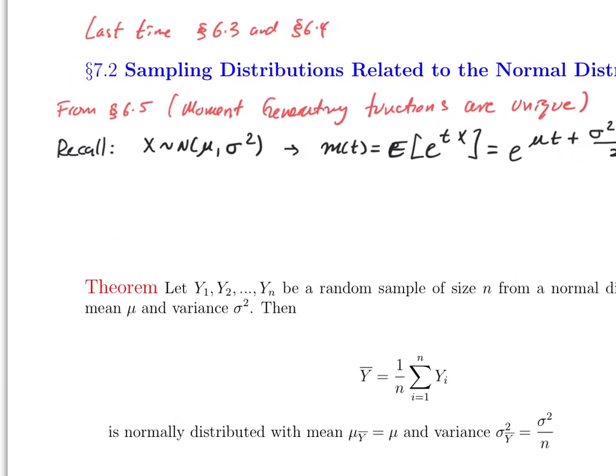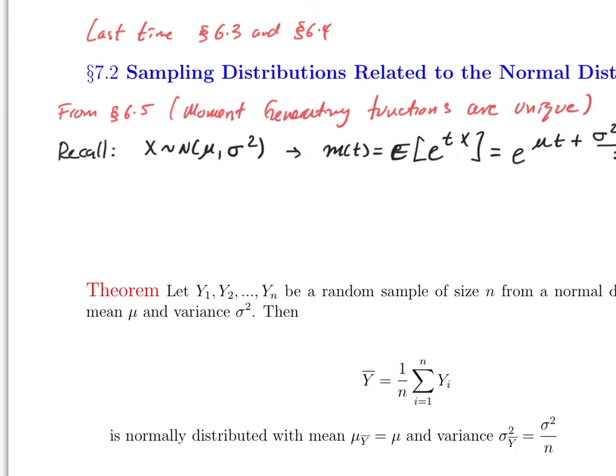So let's say that we have a new variable u, which is y1 plus y2, and let's say y1 is normal mu sigma square, and so is y2. Okay, so they are independent and identically distributed. So what will be the moment generating function of u?